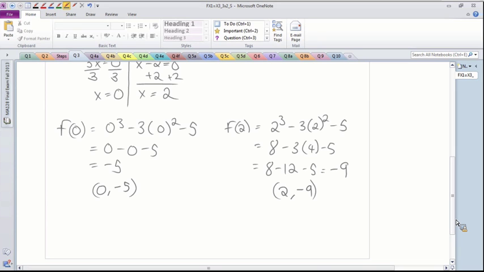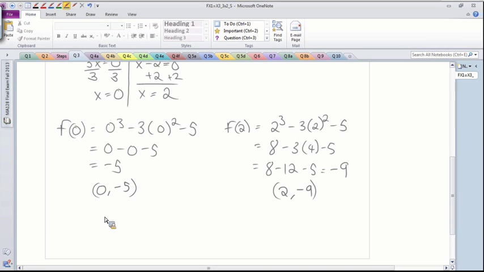So we're almost done. We just haven't finished answering the question. The question was, what's the equation of the horizontal line that passes through these points? The equation of a horizontal line is always y equals whatever y value the point goes through.